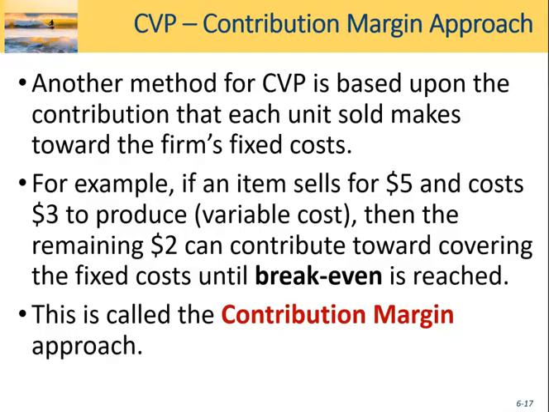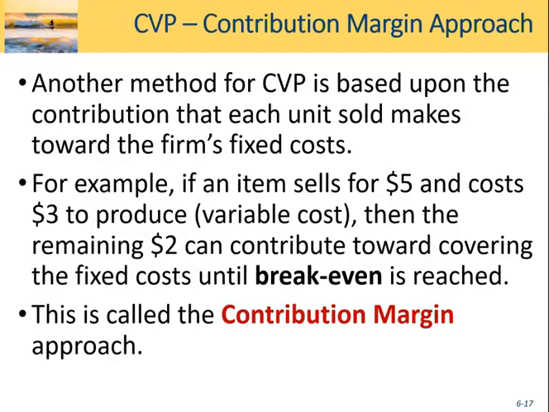So for example, if an item sells for $5 and it costs $3 to produce, which is all of your variable costs, then the remaining amount, your S minus your VC equals your contribution margin, or the $2. And that $2 per unit, for every unit you sell, will go towards covering all of your fixed costs.